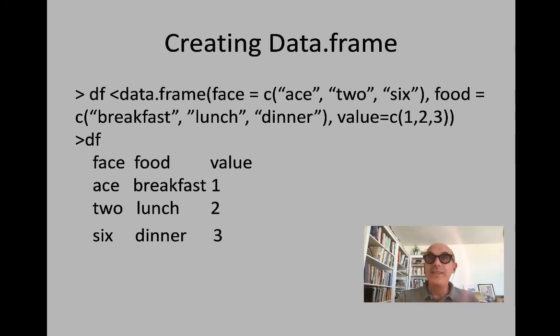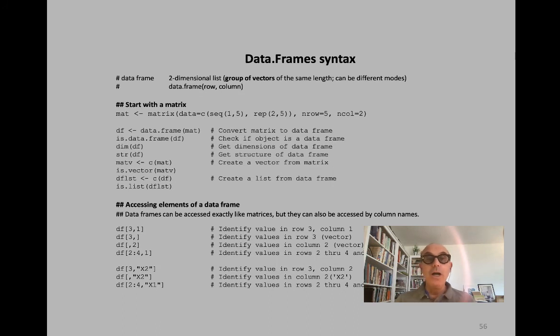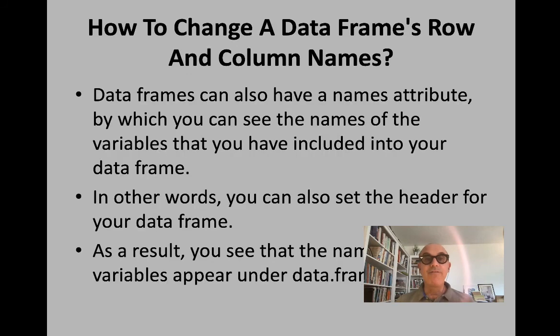And if I call the data frame df, it will say, yes, you have face, food, value, and you have ace, breakfast, and 1, and you have 2, lunch, 2, and 6, dinner, 3, in order for them to match the structure of this data frame. I hope it makes sense. I gave you more examples of that, so you'll be able to test it for yourself.